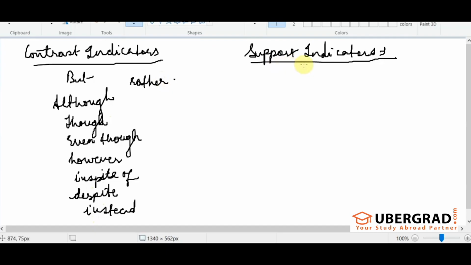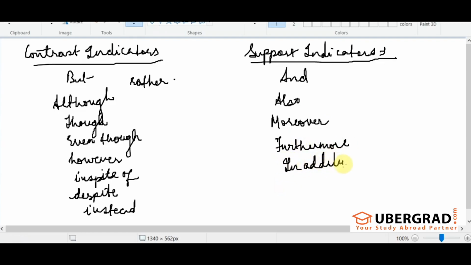Examples of support indicators. One we have seen, and. Next can be also, moreover, furthermore, in addition, besides, in fact, additionally.